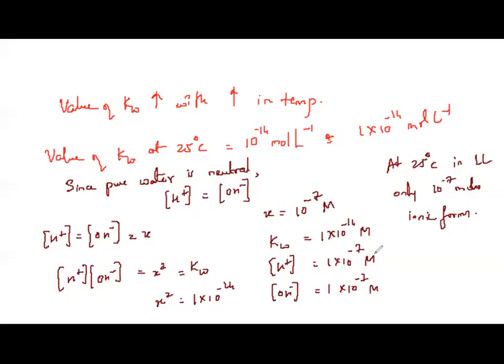Is that right? Therefore, with this explanation, can I conclude that when the H plus ion concentration is equal to the OH minus ion concentration, it is neutral? That is 10 raised to minus 7. So I call it neutral. Correct? Okay, let me take a new slide.